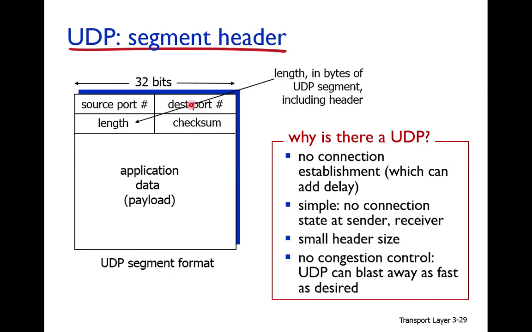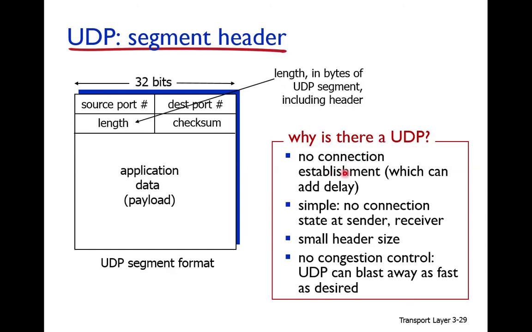I think the source port number and destination port are okay, and the length is also clear. Why is there UDP? Because it doesn't establish a connection. If you want an application that is delay sensitive, that means it should deliver the data immediately, as soon as possible, without any delay, then we use UDP.